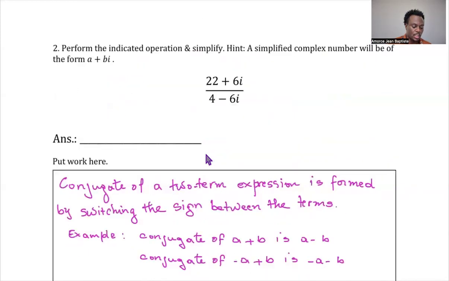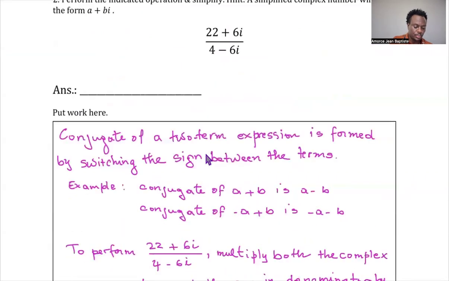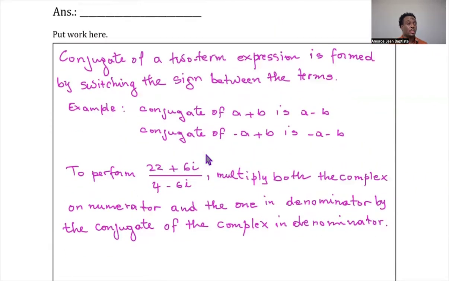The conjugate of a two-term expression is formed by switching the sign between the two terms. Example, if I have a plus b, the conjugate is a minus b. If I have a negative a plus b, the conjugate is negative a minus b. You switch the sign between the two terms.